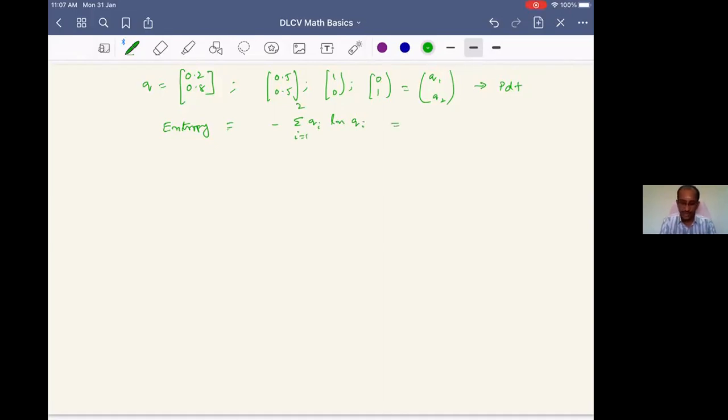If we compute for a trivial case, what is the entropy when you have 1, 0 as the outcomes? What is the entropy in that case? When we want to calculate, we simply expand this: Q1 ln of Q1 plus Q2 ln of Q2.